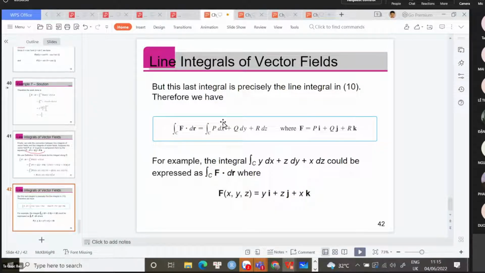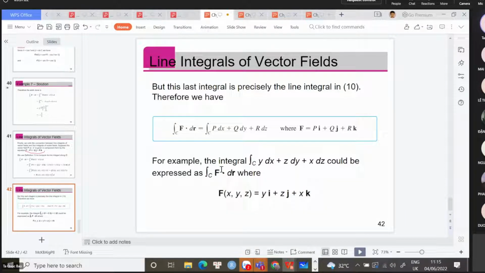So this is the integration of function P with respect to x, the integration of function Q with respect to y, and function R with respect to z. So we can obtain this formula, right?